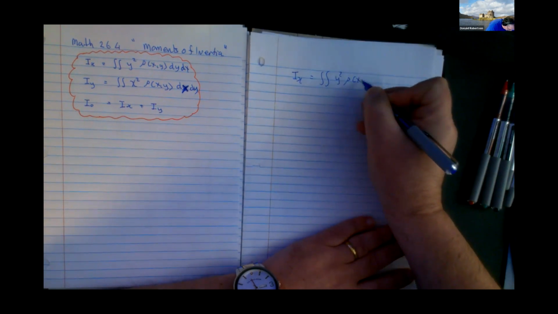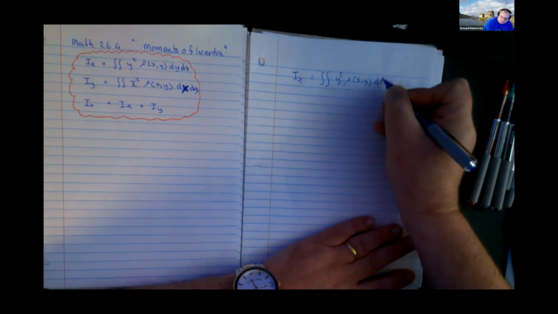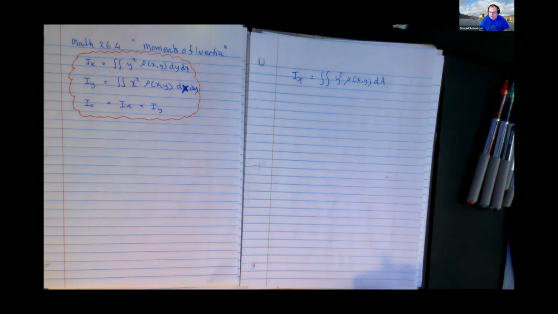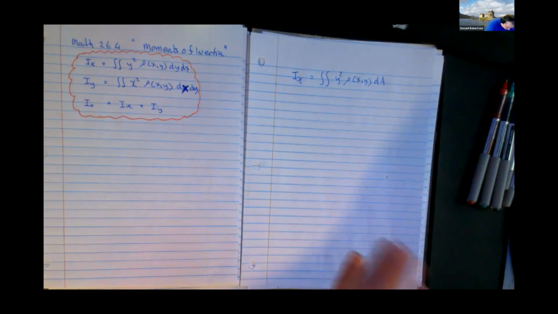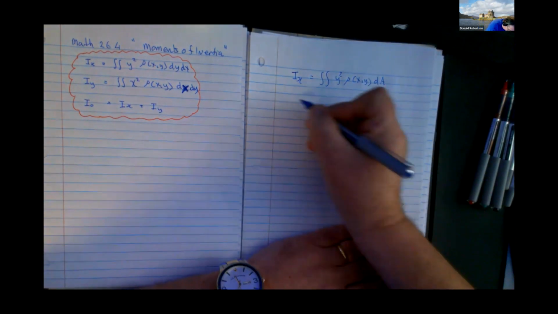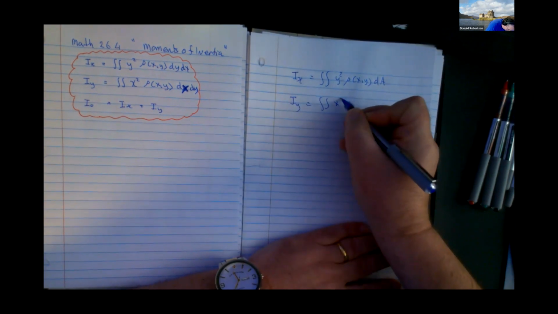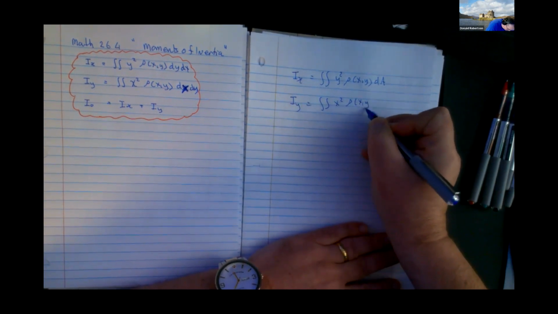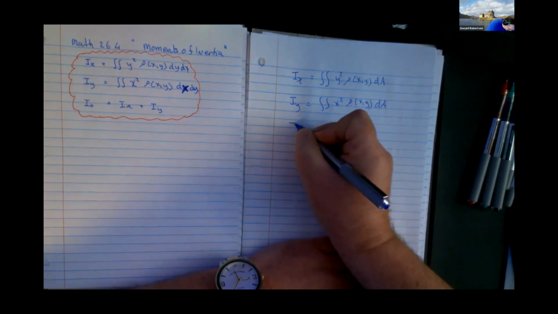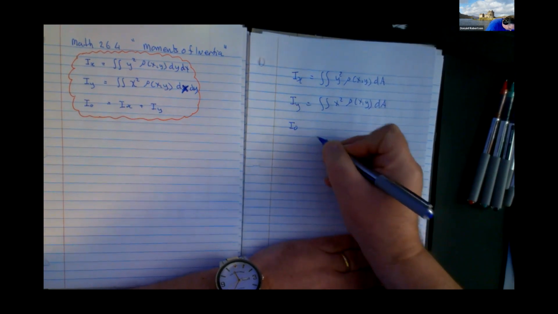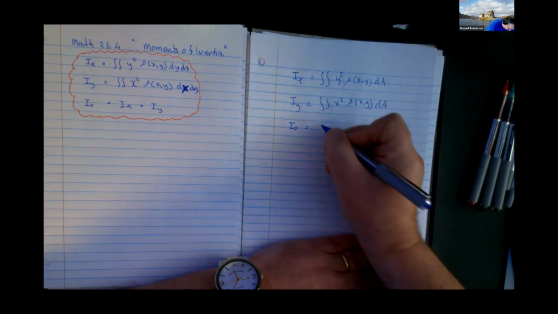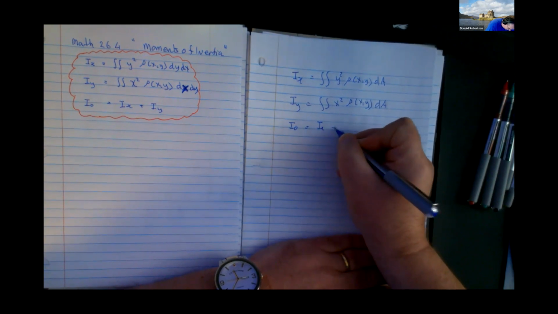I should have probably called it dA then. I of x is the double integral of y squared dA. dA is good. Can't you use dA to mean dx dy or dy dx, whichever makes more sense to you? And this one gets you that. And the overall inertia is just adding the two together.